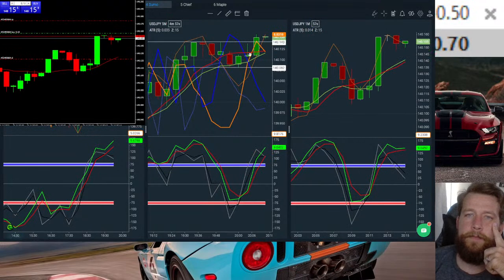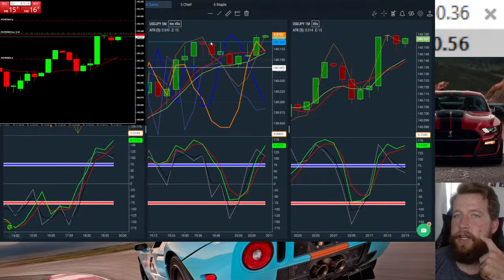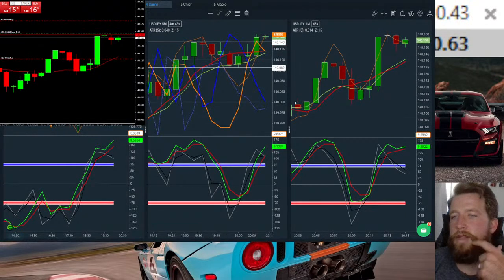Alright, so this is good. We did post above this, which I think is a very good sign. Very good sign for us. I'd like these miners to be committing to the upside a little bit more, a lot more actually.